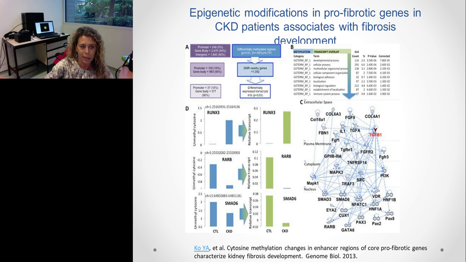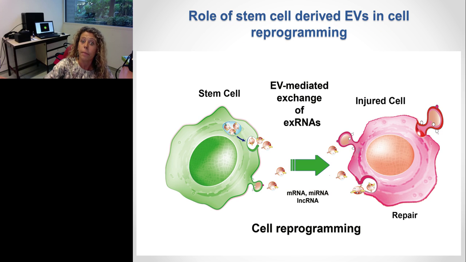Because extracellular vesicles, and I will give you the proof of that, are tiny vesicles that have a very specific and peculiar function in modulating target organs and mediating exchange of their cargo, namely extracellular RNAs, to reprogram the target tissue. And in that, obviously, stem cell-derived extracellular vesicles have a prominent role.